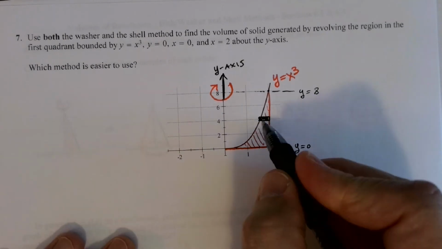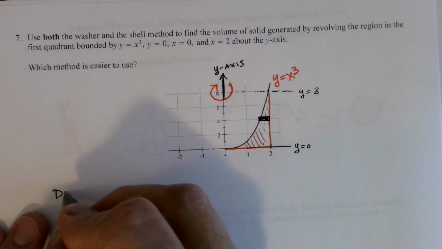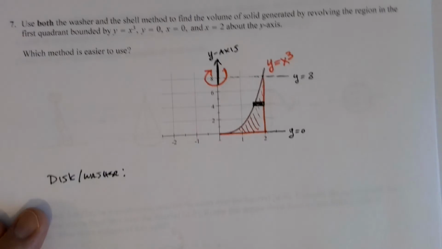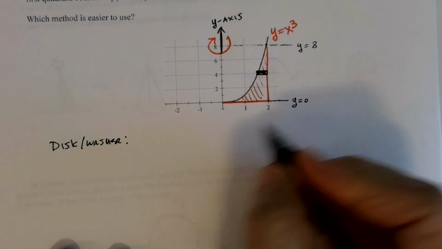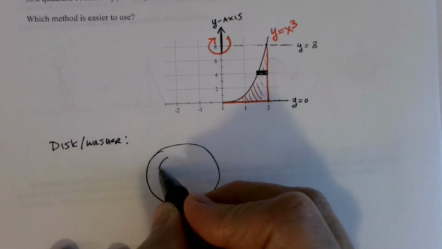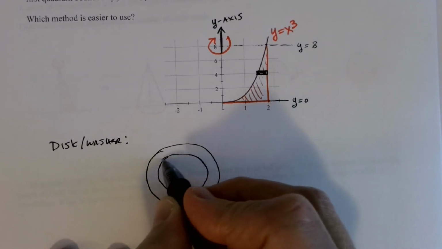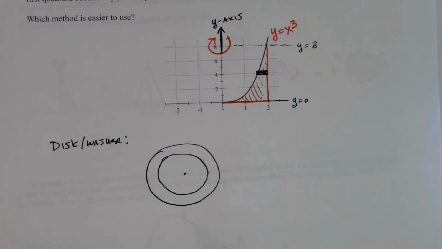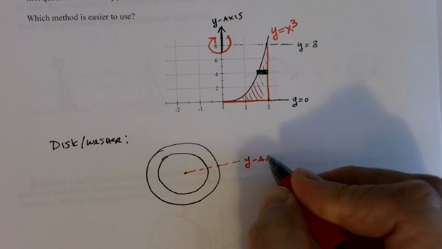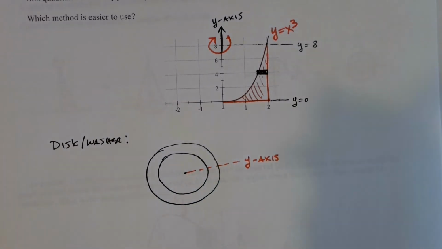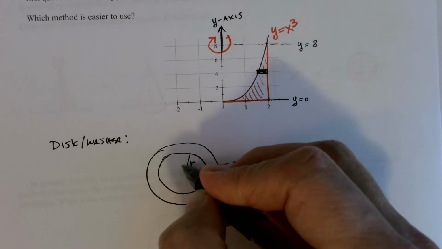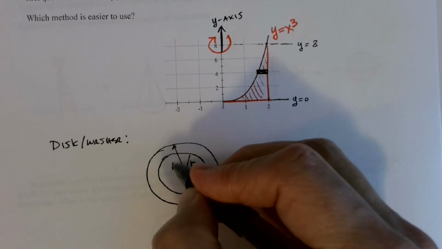And when I rotate this around, with our disk washer method, that's going to give me a washer. And coming out of the center is, of course, the y-axis. And we have our smaller radius and our bigger radius.